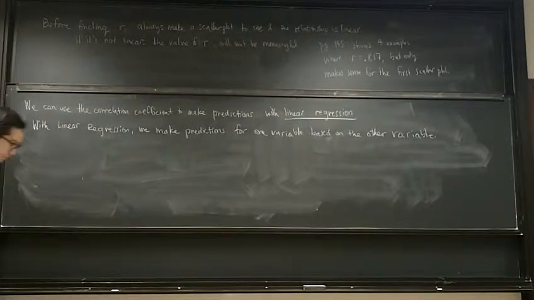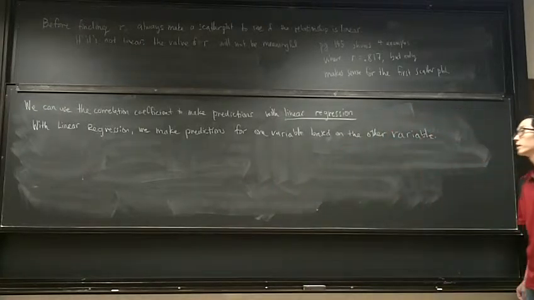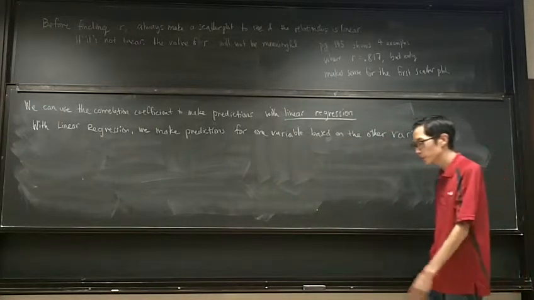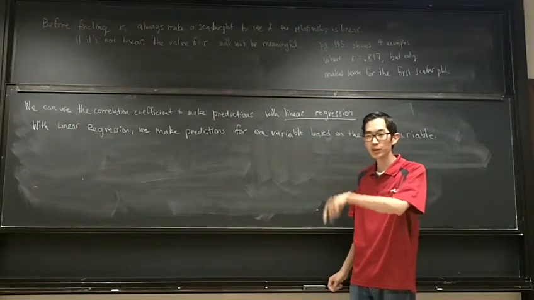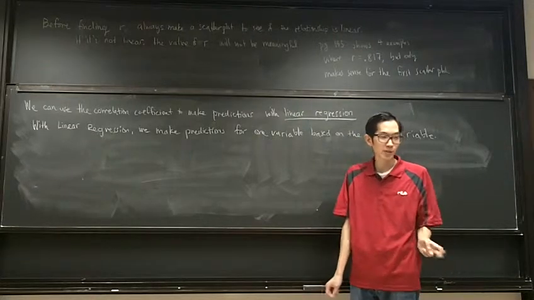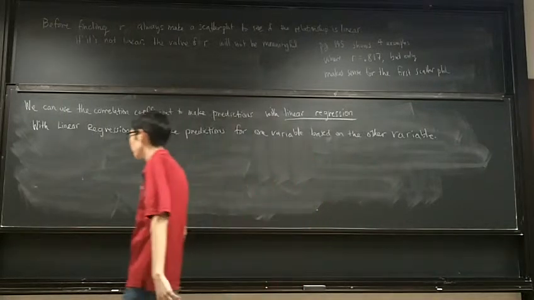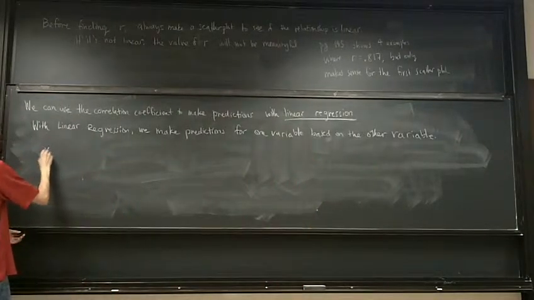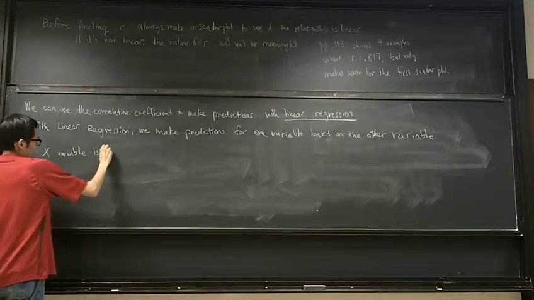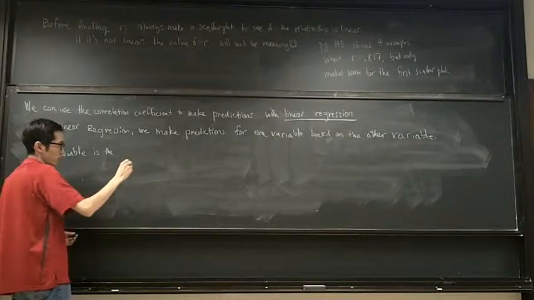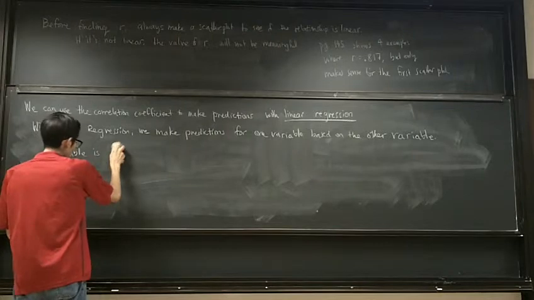So whenever we're talking about linear regression, we've got two variables, okay? We use one to make a prediction, and the other variable is the one that we are making a prediction for, okay? So the x variable is the variable used to make a prediction.